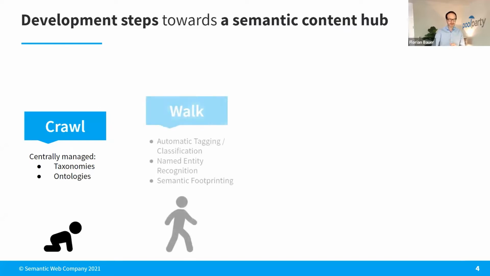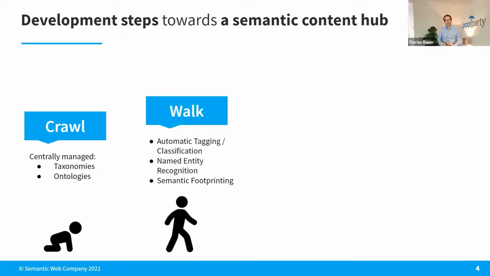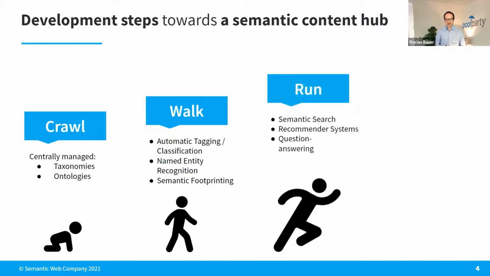After we have done this, after we learned how to crawl, we want to walk. In that second stage, there are already quite exciting possibilities, like automatic tagging, automatic classification, named entity recognition possibilities, semantic footprinting, and so on. I'll not talk about all of those, but some today. And then once we have learned to walk, there is a possibility to do even more with that.